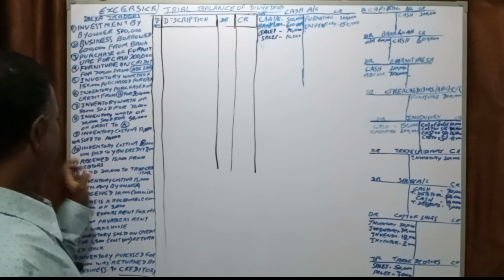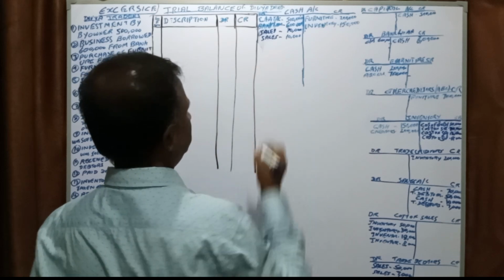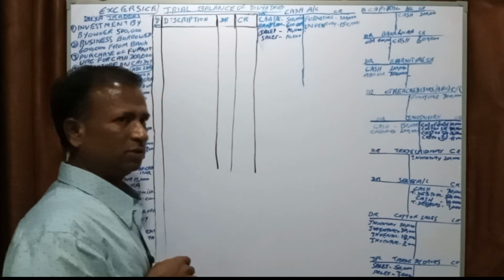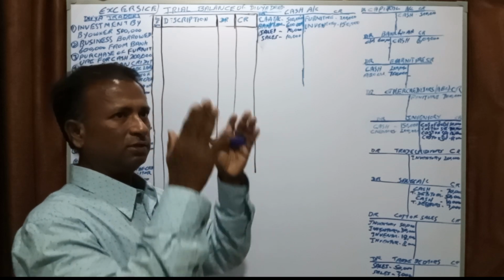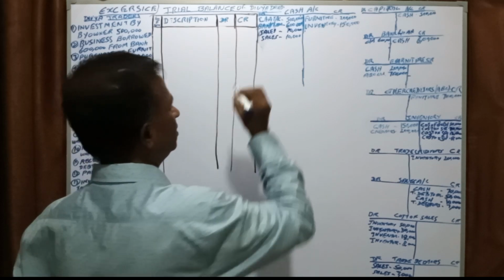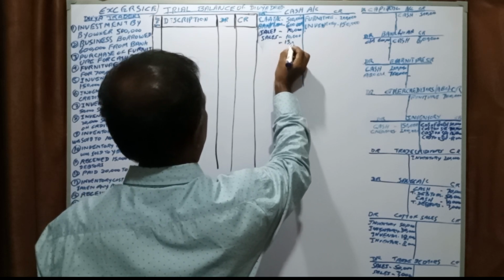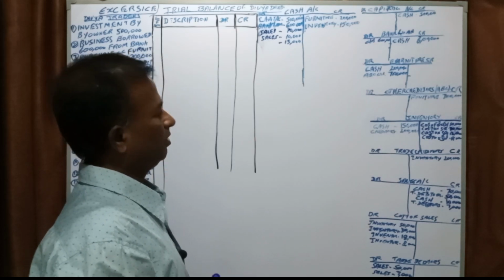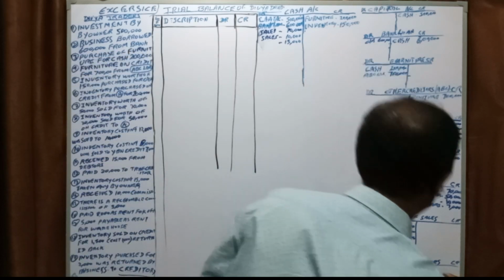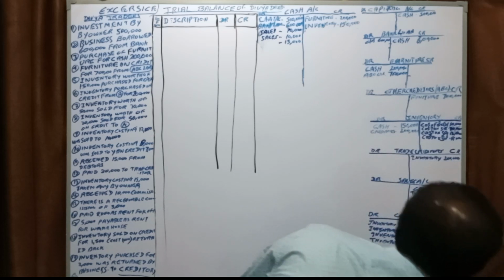Then number 11, received 15,000 from debtors. When we receive 15,000 from debtors, it means cash received from debtors, so cash is coming in, 15,000. Debtors reduced by 15,000, trade debtors 15,000, right?